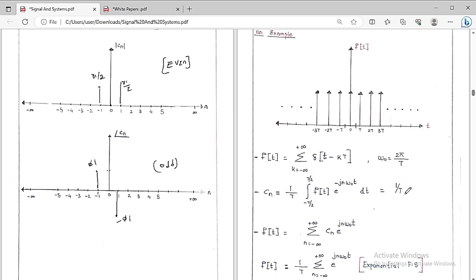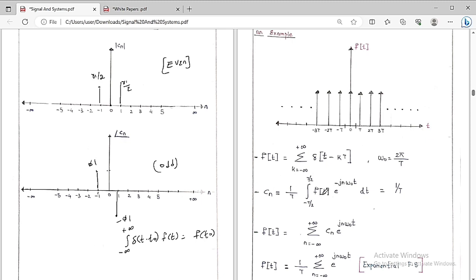Therefore, as I already told you, an important formula: integration from minus infinity to plus infinity of delta of t minus t naught into f of t is equal to f of t naught. So this concept I have already told you, and from this concept only we have got this value.